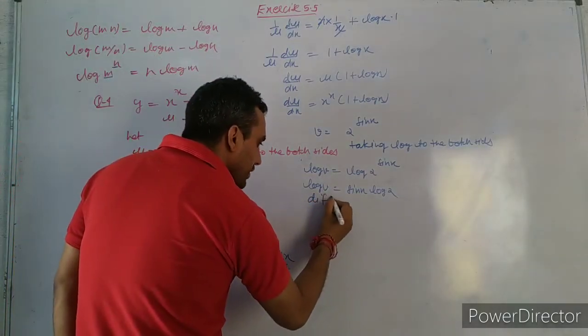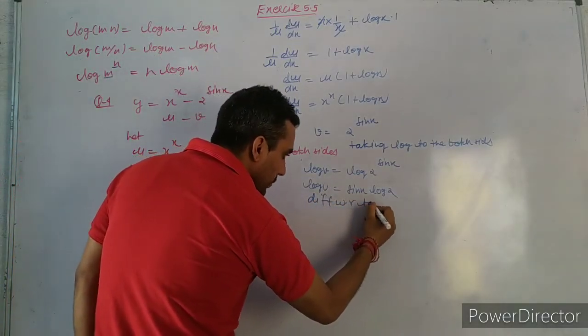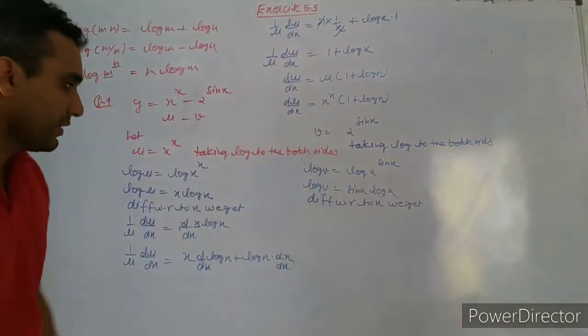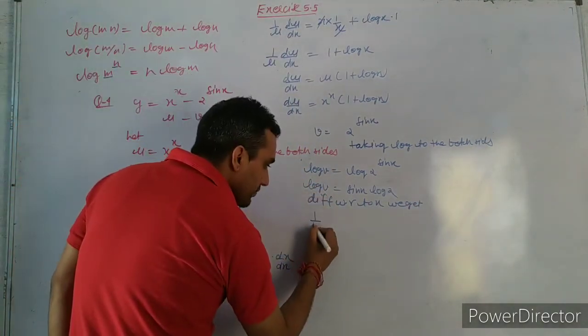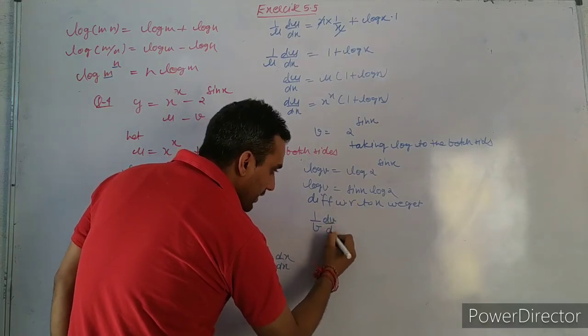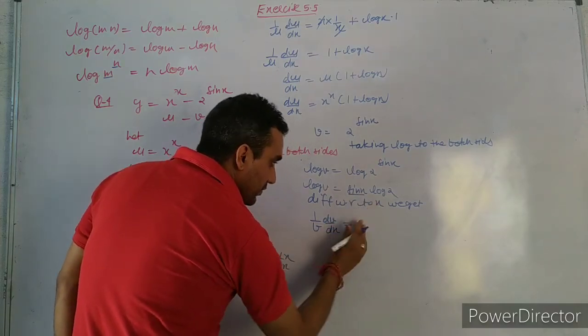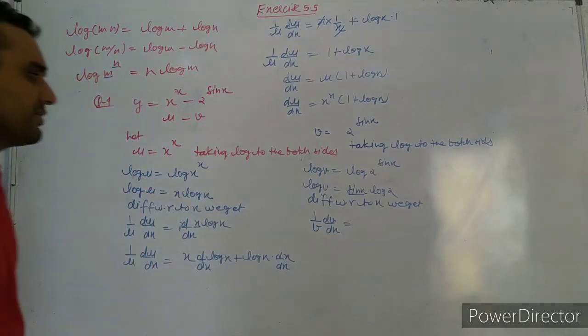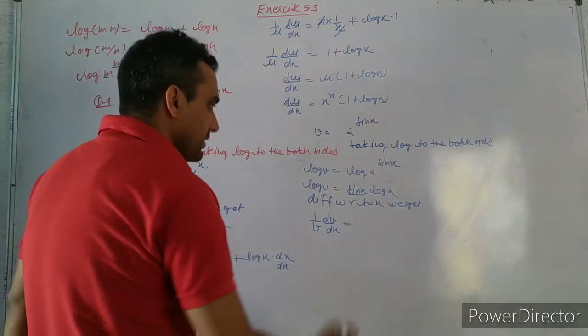Again, differentiating with respect to x, we get 1 upon v dv upon dx.